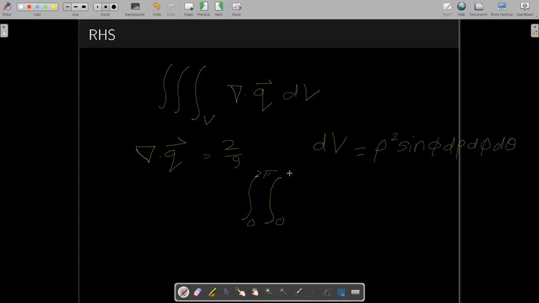Then I'm going to use this 2/9, where the divergence is, and dV is the whole expression here, rho square sine phi, again d rho, d phi, d theta.